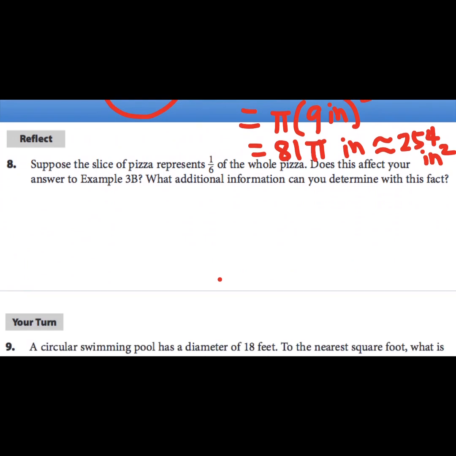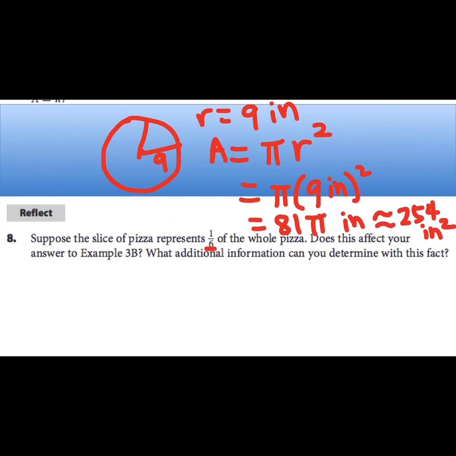Number 8, continuing from the same pizza question from above. Suppose a slice of pizza represents 1/6 of the whole pizza. Does this affect your answer to 3b? What additional information can you determine from this fact? So it should not affect the answer for the previous problem, because the entire pizza is still going to have the same area.